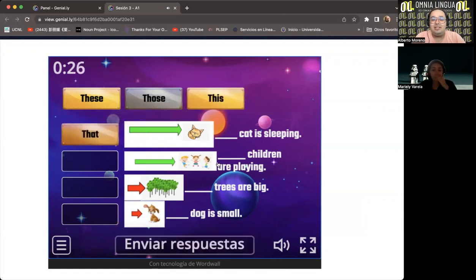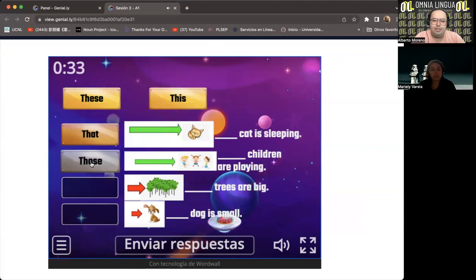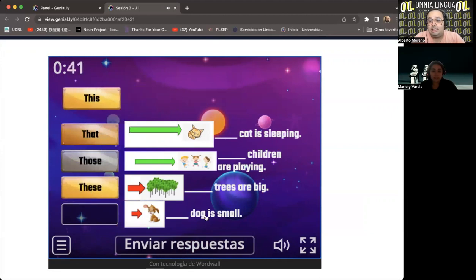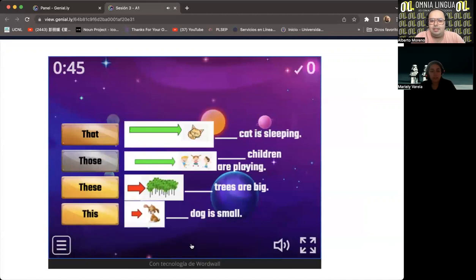Okay, very good. So then we have "___ children are playing." Those. Very good. "___ trees are big." Those. "___ dog is small." That. So that's right. Excellent.